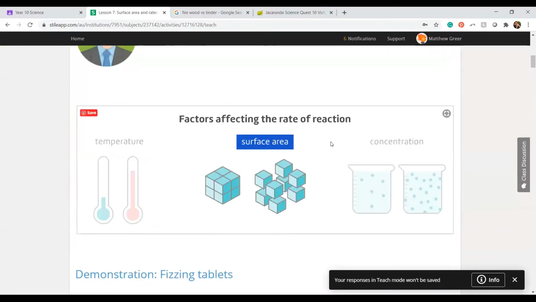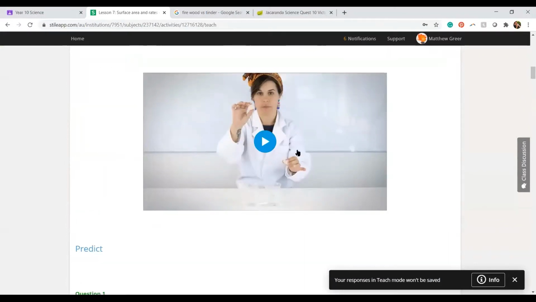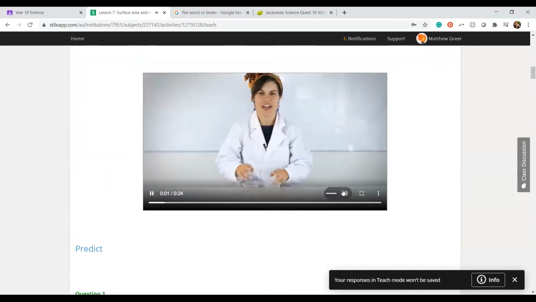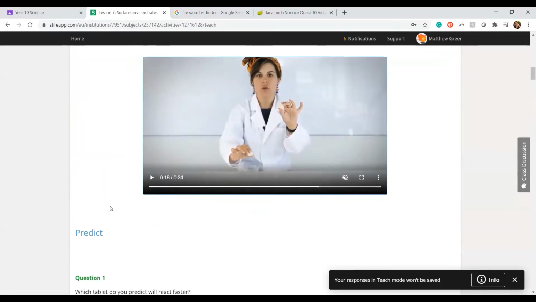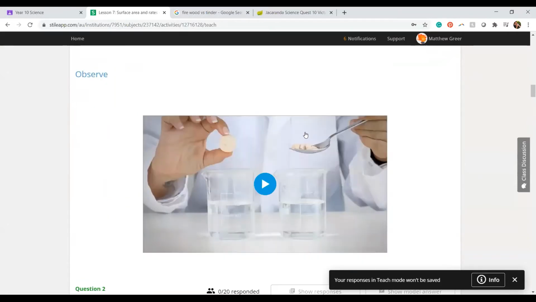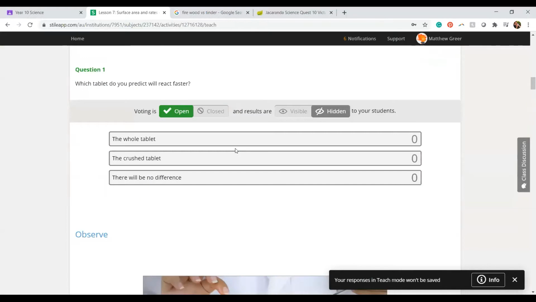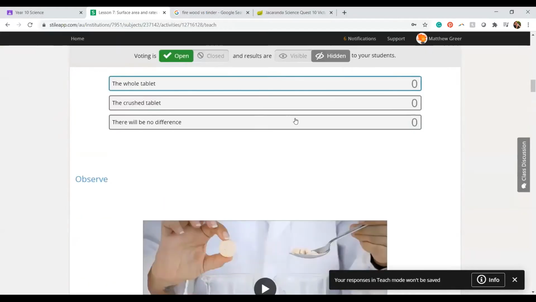If I go down here, I think in this demonstration they're going to try and dissolve a tablet in one, and then the powder of that tablet, so taking the tablet and crushing it. The crushed tablet should react faster. Make your prediction: which one's going to react faster, the crushed tablet or the solid one? I'll let you make your own prediction.